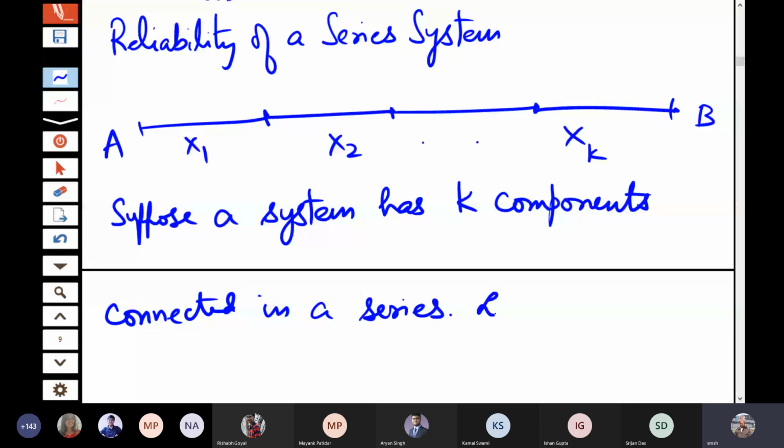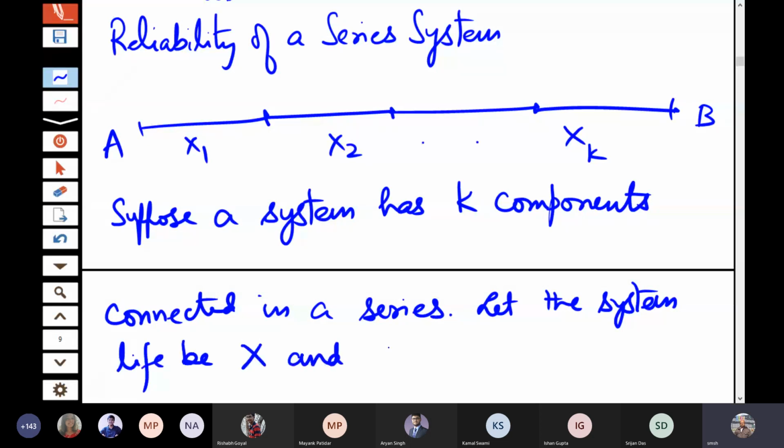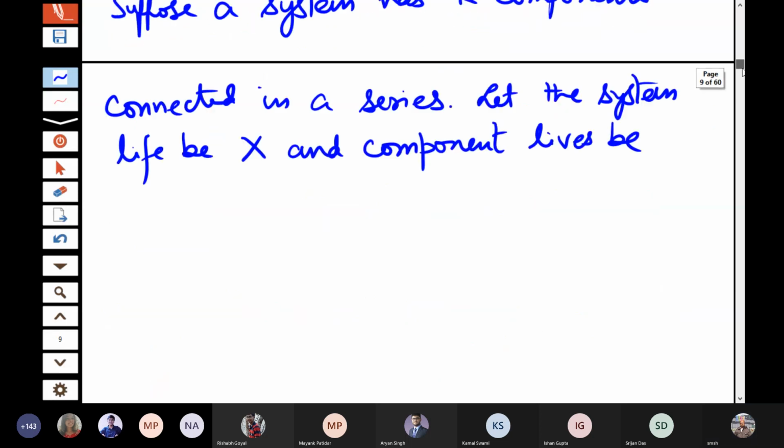Let the system life be x and component lives be x1, x2, xk.